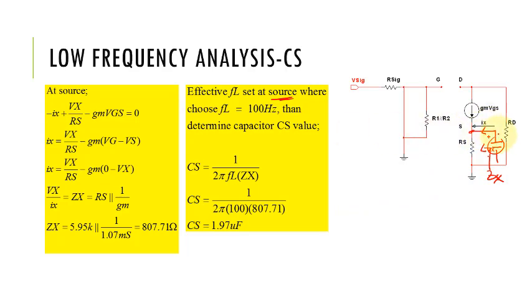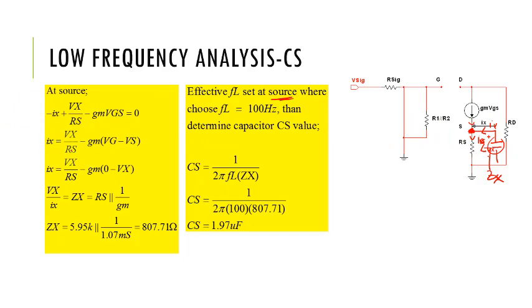Then we do the KCL, Kirchhoff's current law. We name this network Ix, this one is IRs, and this one is gm Vgs. From this node, this is the KCL equation.